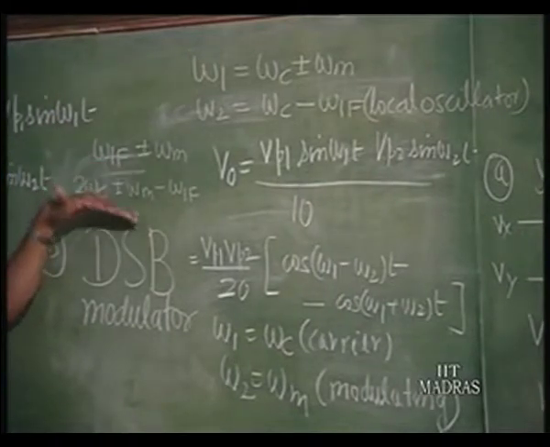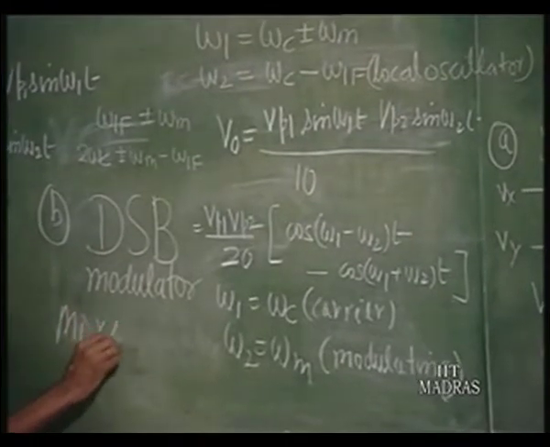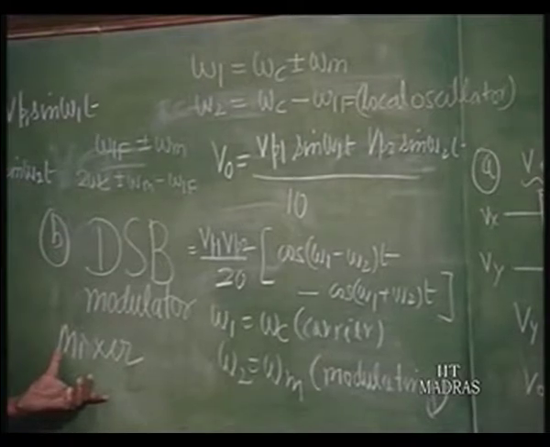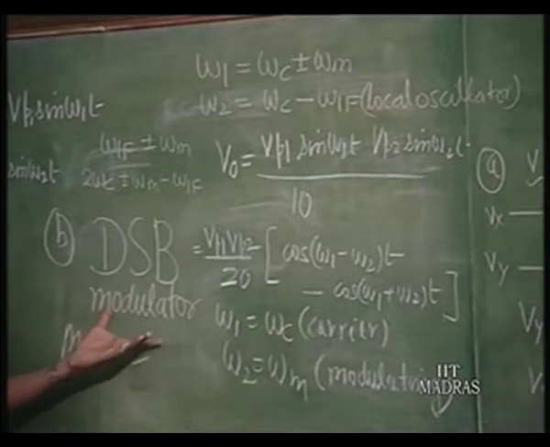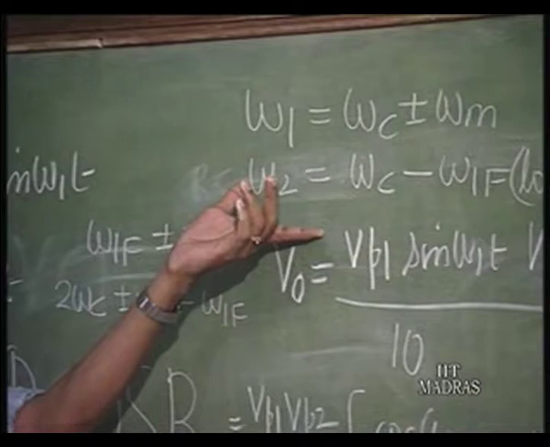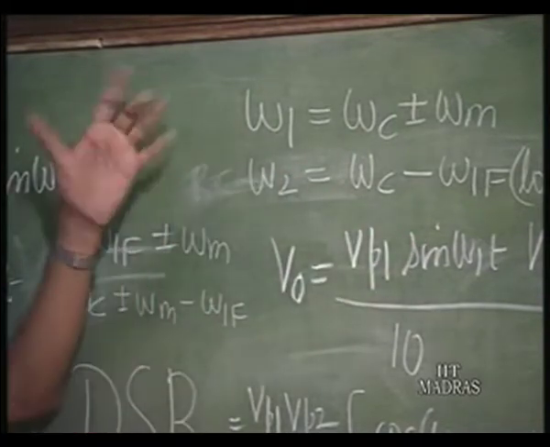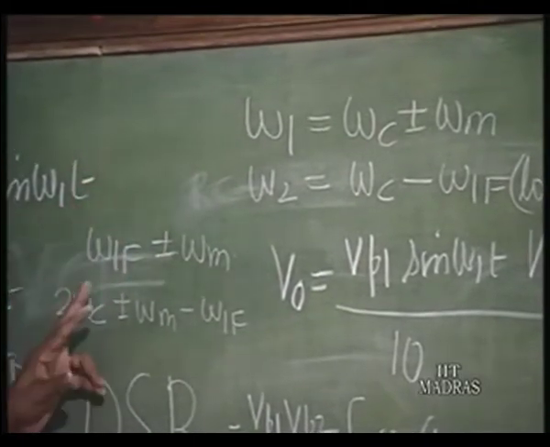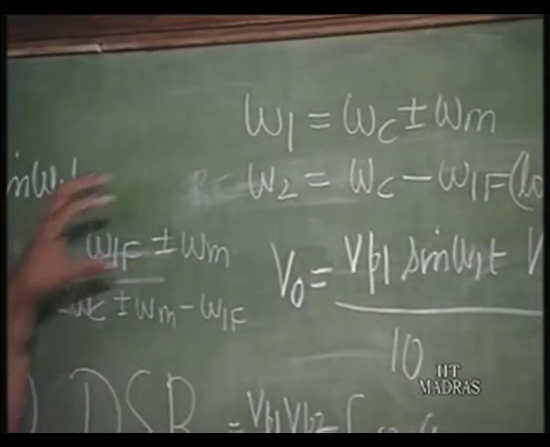You are mixing these two frequency components, it is called a mixer. What is a mixer? Again, it is nothing but a multiplier. Only thing is the input is different now. One is a DSB modulated input, another is the local oscillator which is having a frequency omega c minus or plus omega if, it does not matter. So, this local oscillator frequency is mixed with incoming frequency and you get omega if plus or minus omega m and this. You have to isolate this from this.